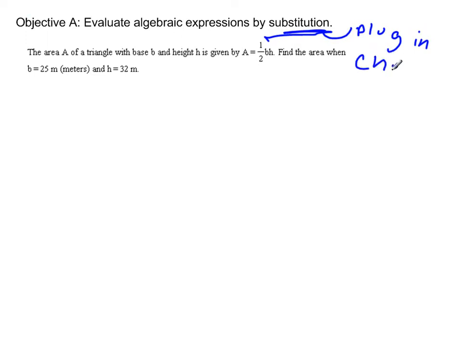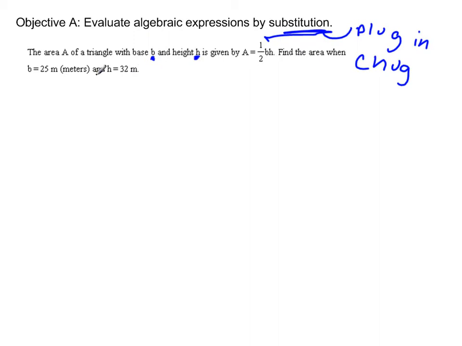What I mean by that is they're going to tell us a long-winded bit of information. You can already be looking at this and going, oh, it's a word problem, but it's really not too bad. They're saying the area of a triangle with base B and height h is given by this formula. Area equals 1/2 base times height.